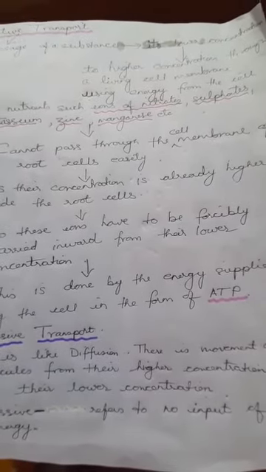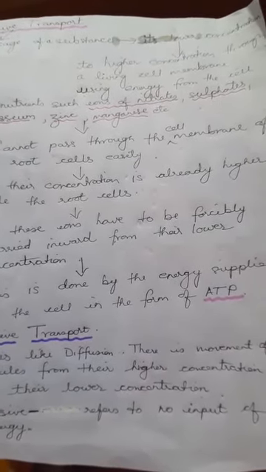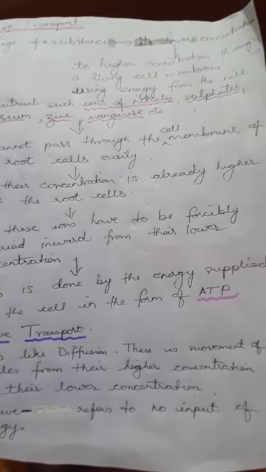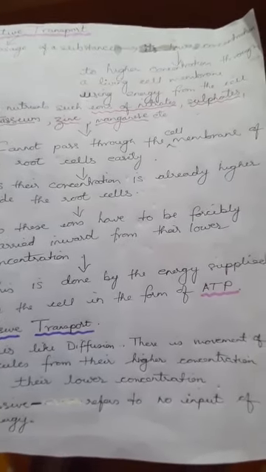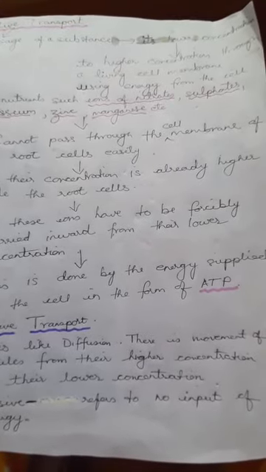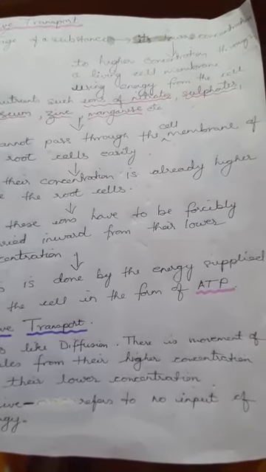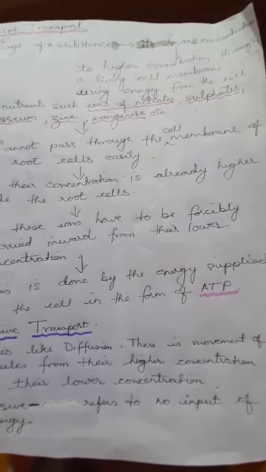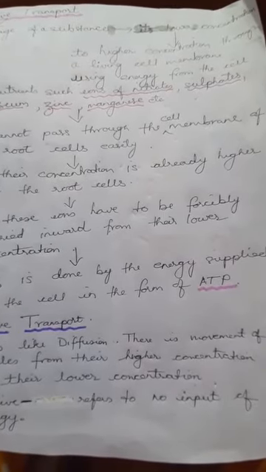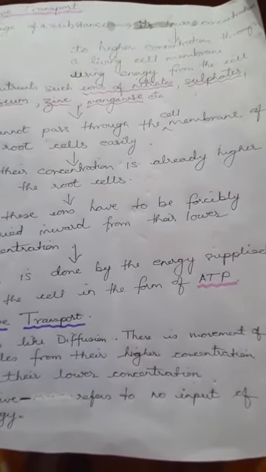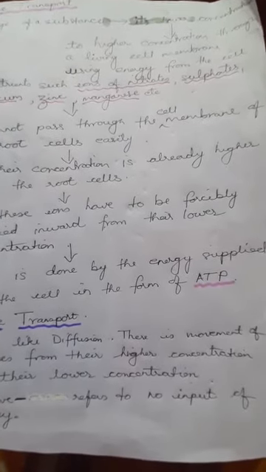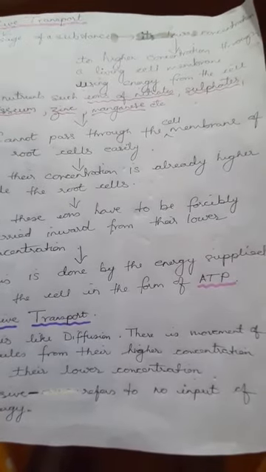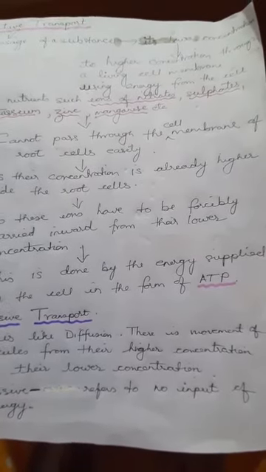They cannot pass through the cell membrane of the roots easily, because the roots already have a higher concentration of these inside the cell. As you know, the cell sap concentration is higher than the surrounding water, because the root maintains a higher concentration inside because it has to absorb water.